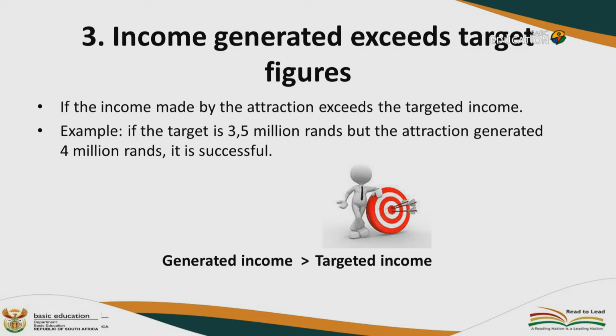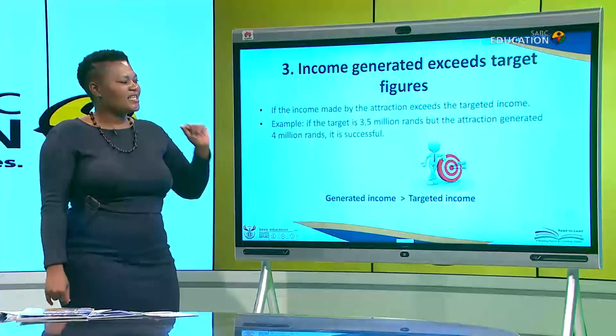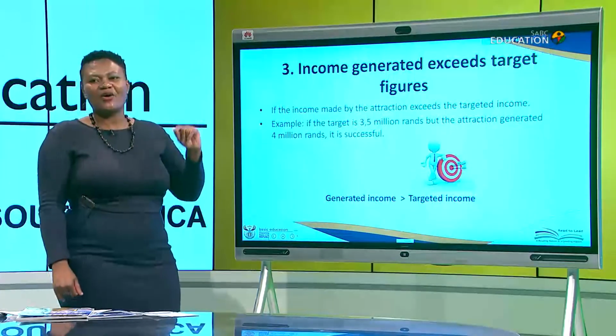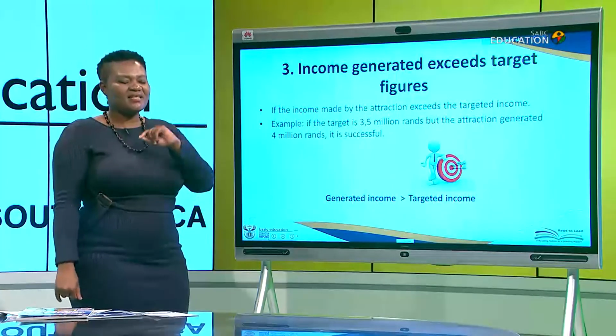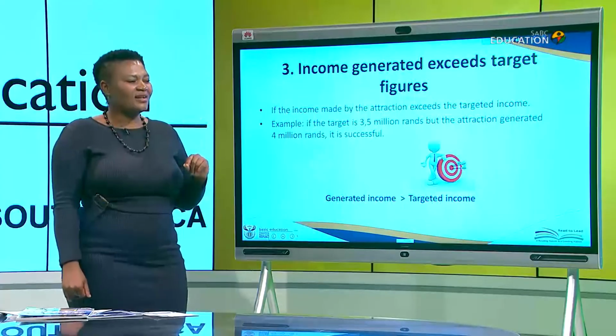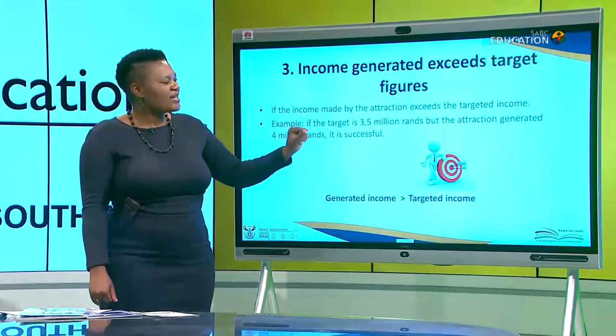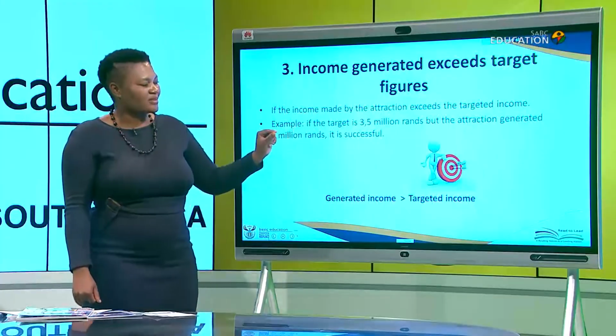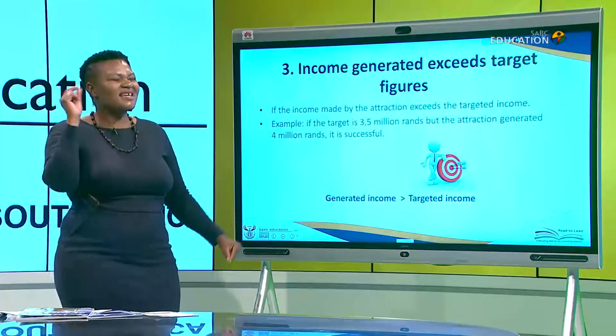Now, I love these images because these images are actually explaining something. You see the first one is that person standing against the target board. And you can see he's wearing a tie. And that tie communicates that this person is a professional within the tourism industry. And that target board, when we see those 3 dots, that means that was the targeted income.